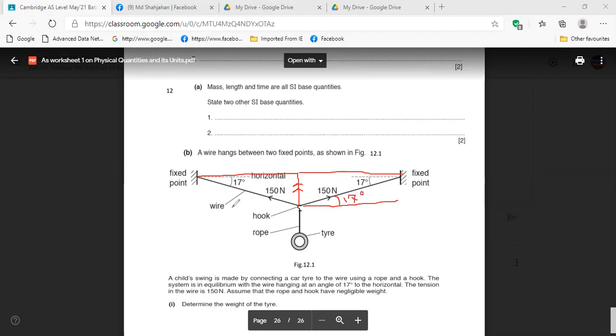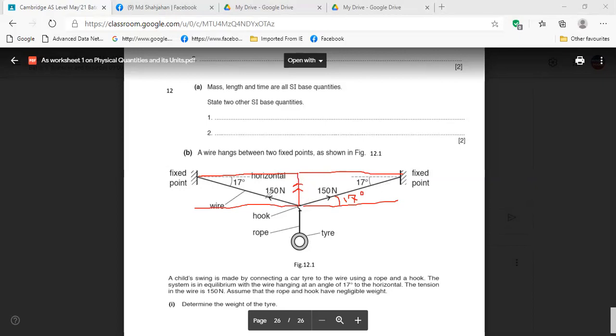Now you can match with that formula, right? The formula I gave you. So this component is the vertical component, right? For these two vectors, we are getting two vertical components which combinedly balance this weight.